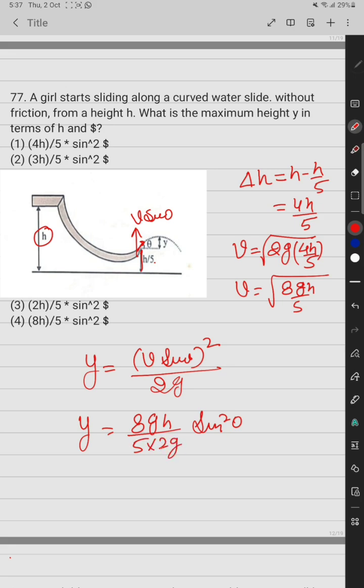Already 2g is there, 2g cancels with 8g, it is 4h by 5. So the initial term is 4h by 5 multiplied by sine square theta. So the correct option is 4h by 5 sin square theta. It means the first option is correct.